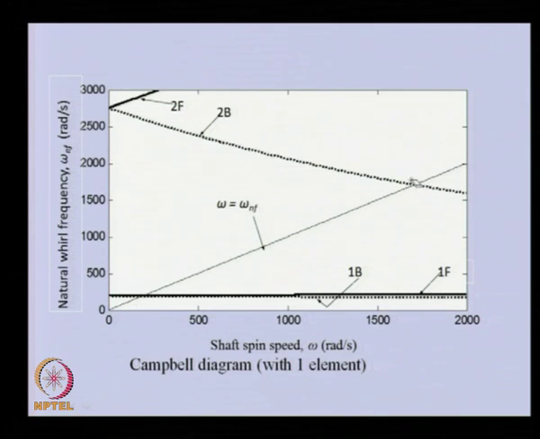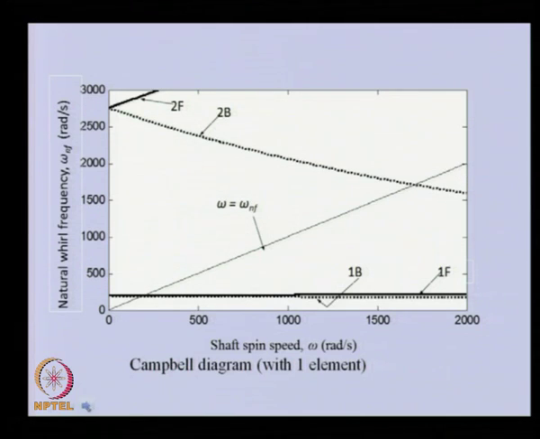Similarly, here we have the one corresponding to the backward whirl, but we found that for the second there is no intersection, so the second forward critical speed is not feasible. We already saw this phenomenon while discussing the gyroscopic couple: the second forward critical speed is not feasible for the discrete system.